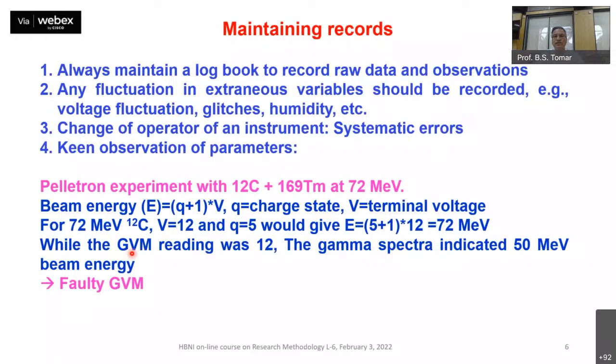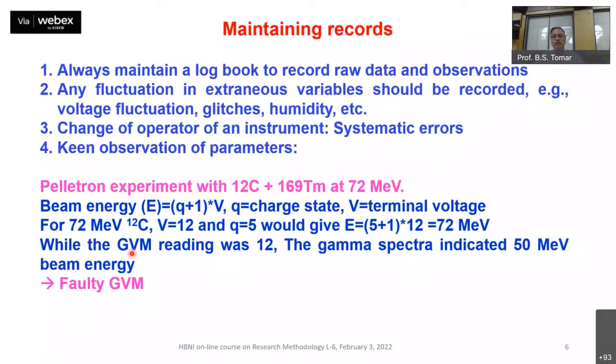And from whatever gamma lines are shown in the spectrum, I guessed that it is not 72 MeV but 50 MeV carbon. Doubting the accelerator people, that they are not giving 70 MeV but 50 MeV, is a big thing; you have to really be 100% sure before you tell the operator that this machine is not running at 70 MeV.